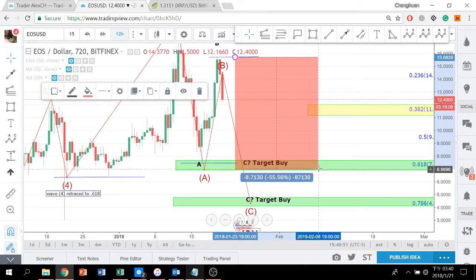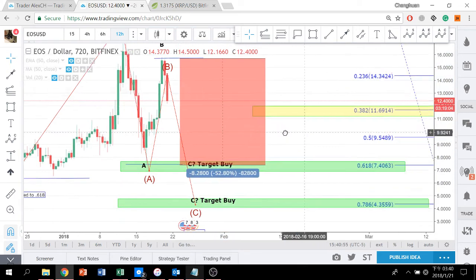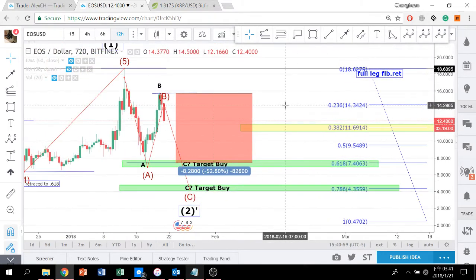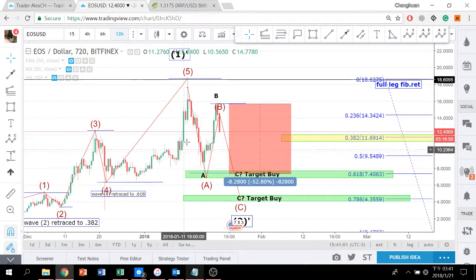We might get a double bottom over here, but all in all, we still retest the 0.618 level. So I'm pretty confident that it will drop to this level at least to retest the support zone. So you can probably build about 30% of how much you plan to buy and buy the rest over here.